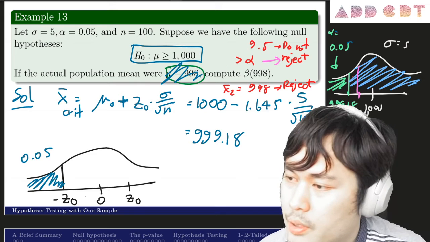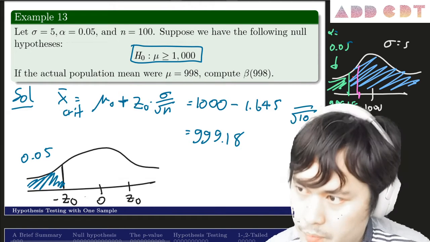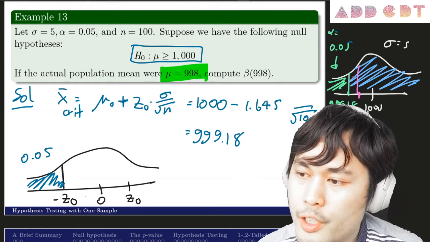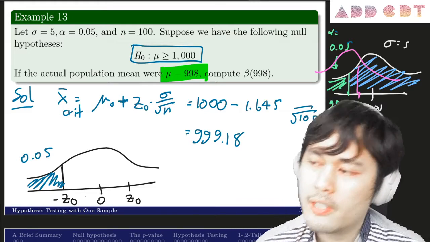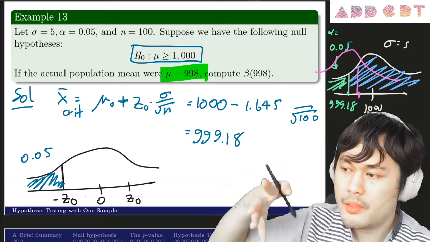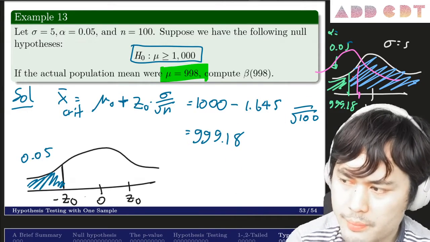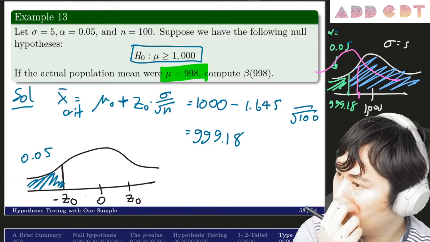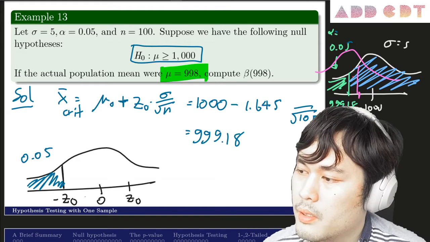So now let's get rid of that. Now we ask the second part: if the curve were actually here, if the center is not at 1000, the center is at 998, then what would be the chance that we accept the wrong hypothesis?